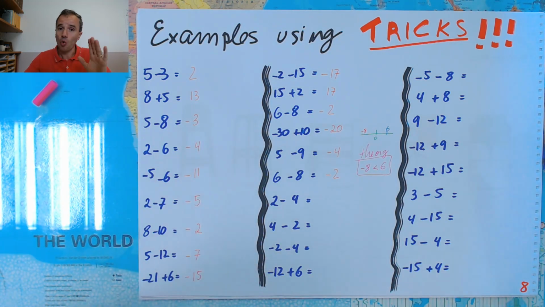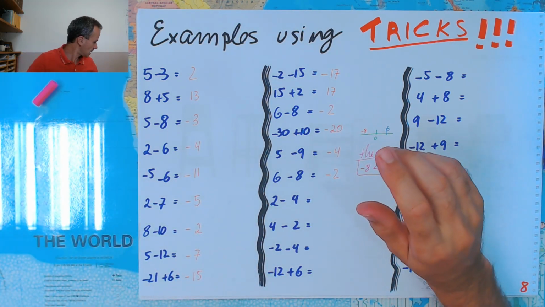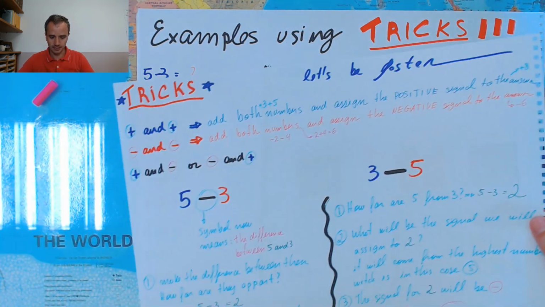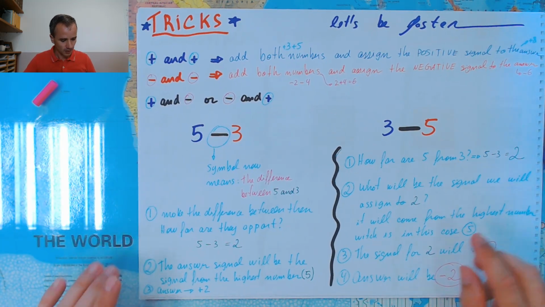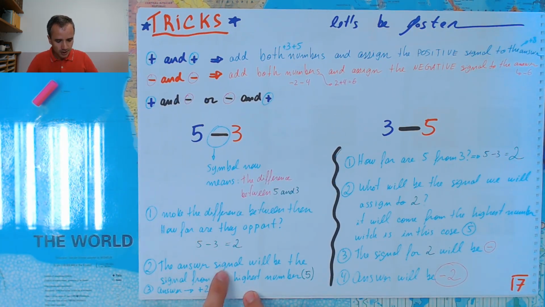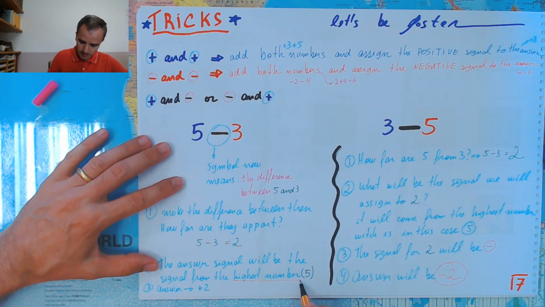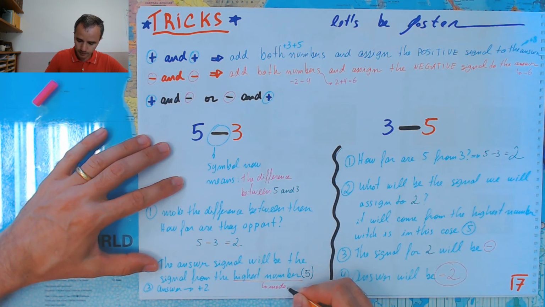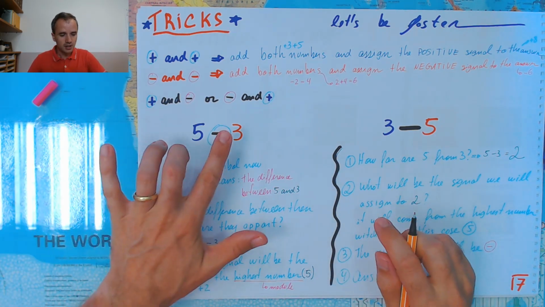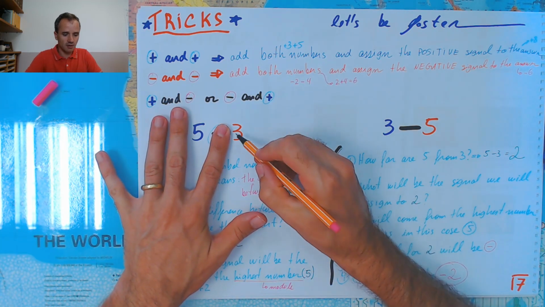But when I explain this here, the answer signal will be the signal from the highest number. The highest number is the module, meaning we are not seeing the negative, we're just seeing 3 and 5, okay?